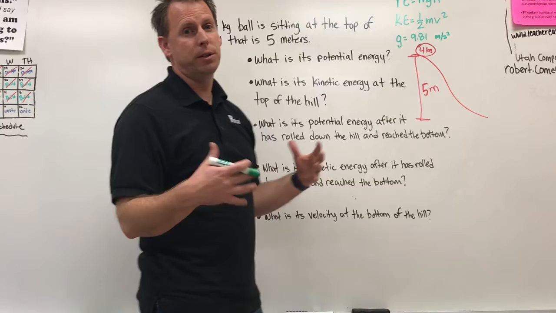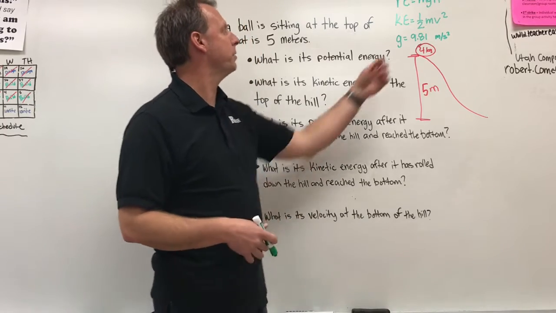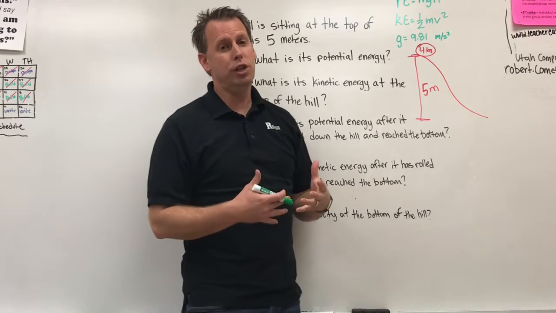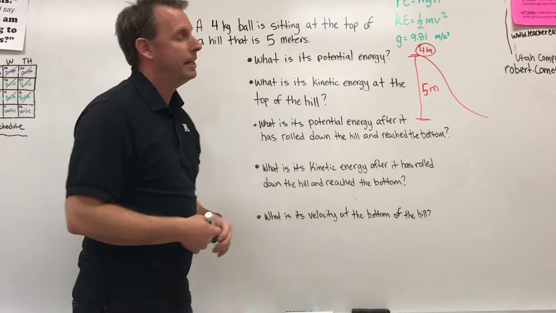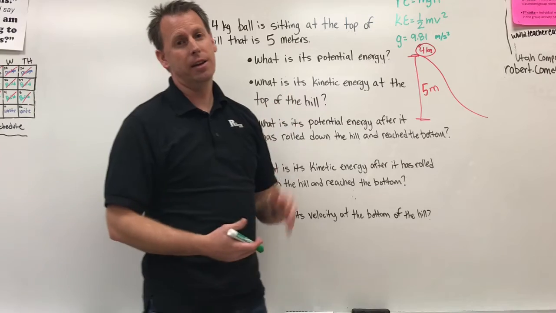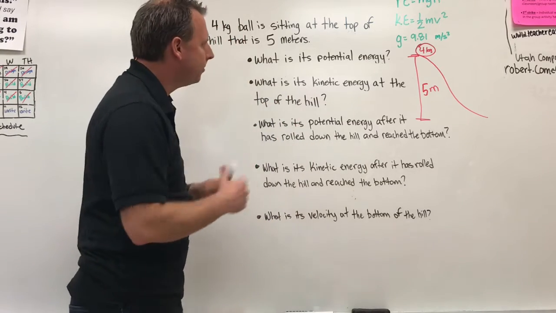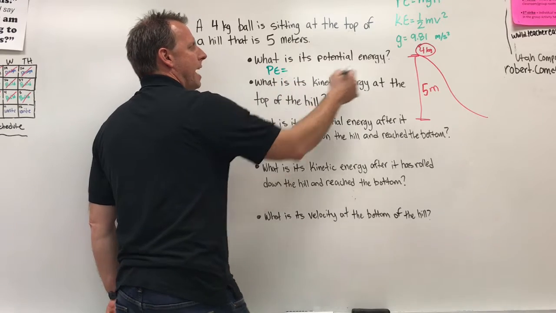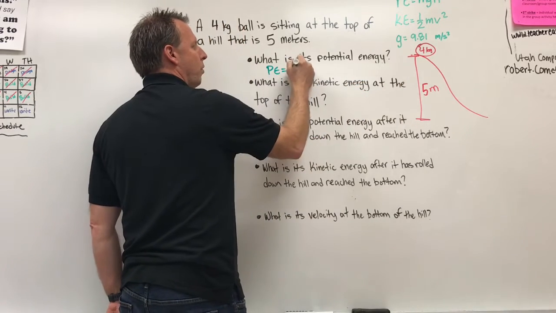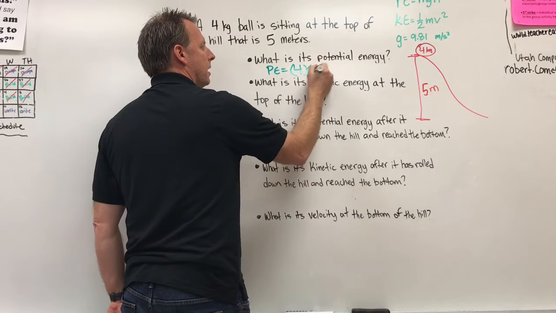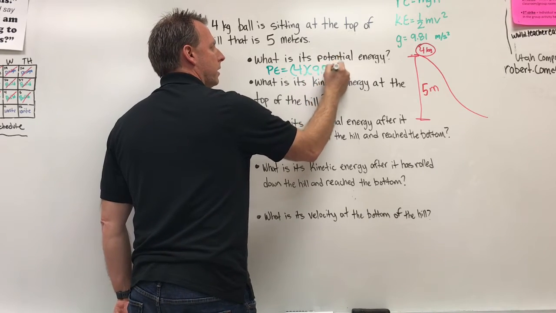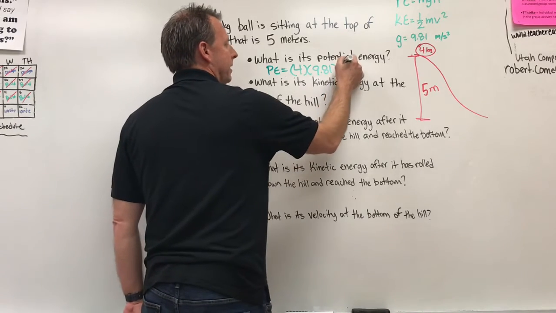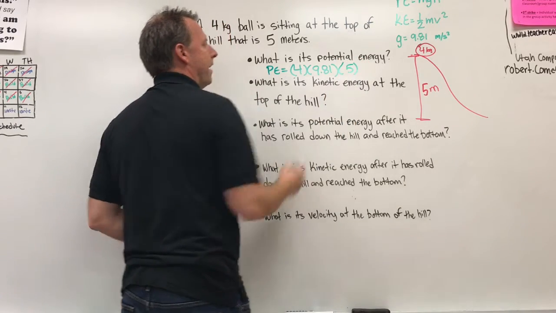Now remember, we have some equations to help us figure some of this stuff out. So here's our equation for potential energy. It's the mass times g, which is the acceleration due to gravity, times the height, how high the ball is. So that's pretty easy. We'll just put that in. We've got potential energy equals m, mass, that's 4 in this case, times 9.81, that's g, always 9.81, times the height, in this case, 5.